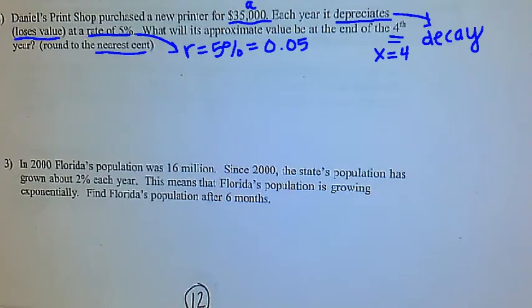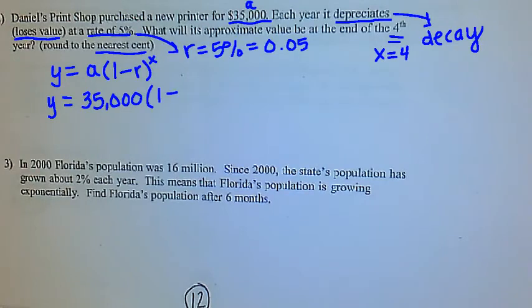First we are going to write our equation. Always rewrite this. So y equals 35,000 times 1 minus 0.05, and we are going to raise it to the 4th power. Just to show you why this is, remember our b value, if it's a decay, is always going to be less than 1.